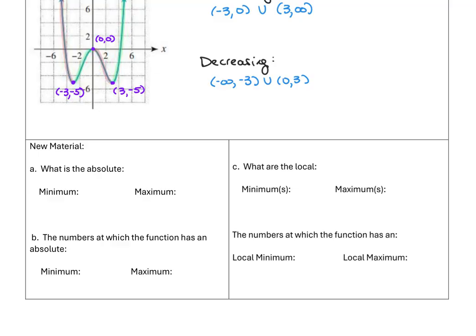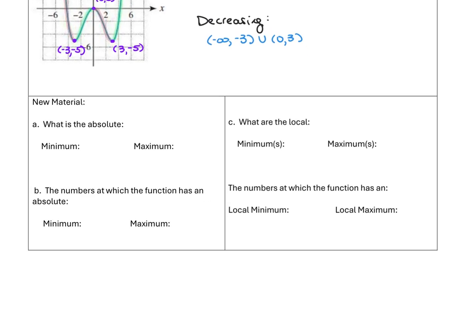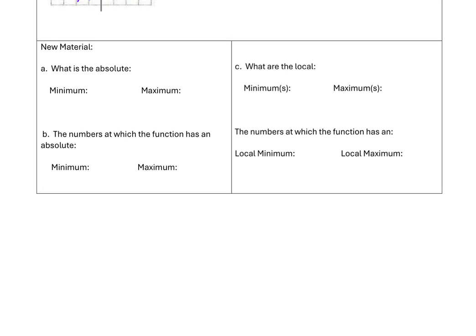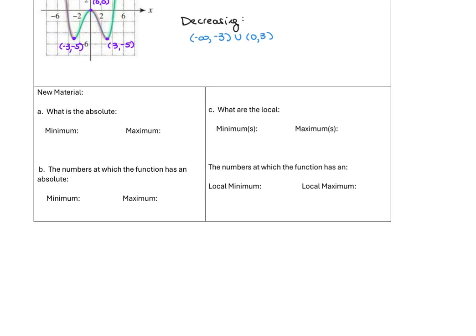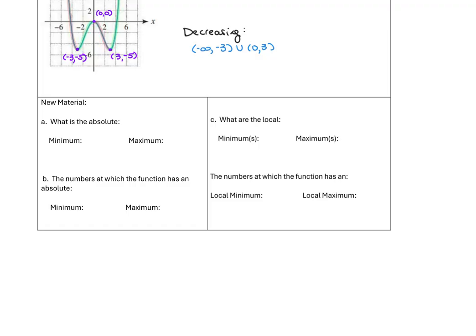Okay, so now let's talk about our absolutes and our locals. We're going to start with our absolutes. Do we have any points that are the lowest points on the graph? And we do. Actually, we have 2.